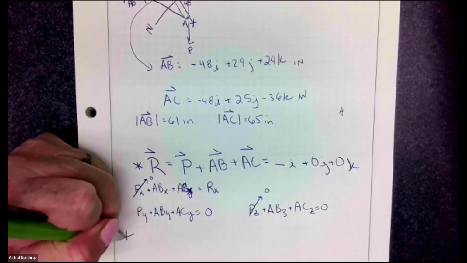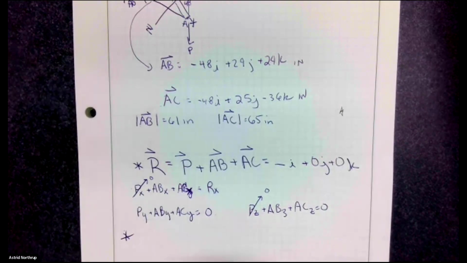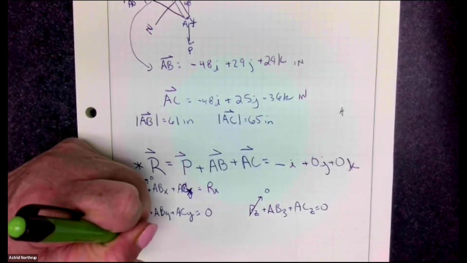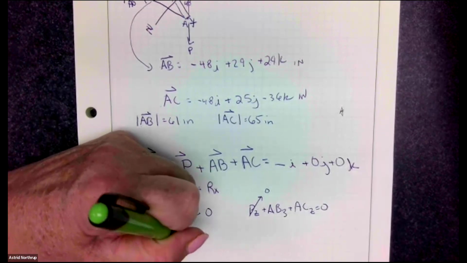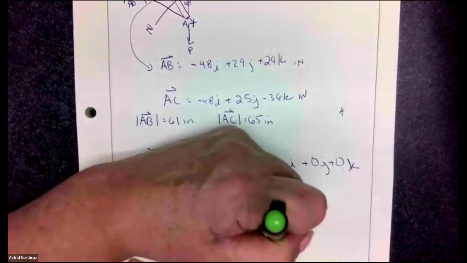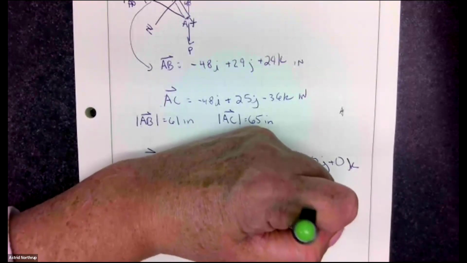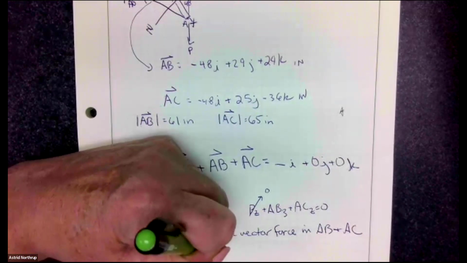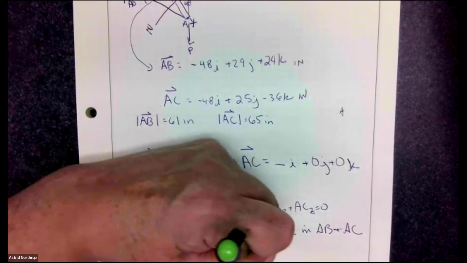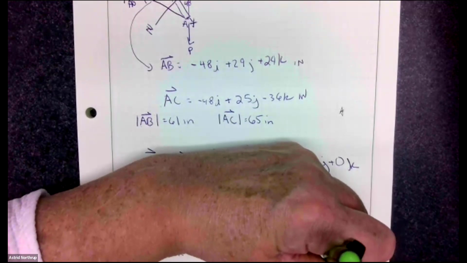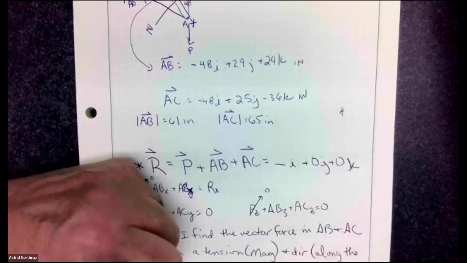The next part, and this is all new, it is on the numbered videos, but we're going to go through this. The question is, how do I find the vector force in AB and AC based on a tension, which is a magnitude, and a direction, which is along the cables?